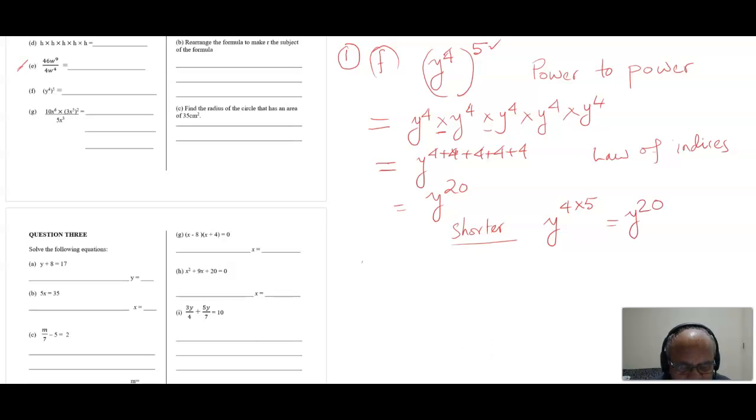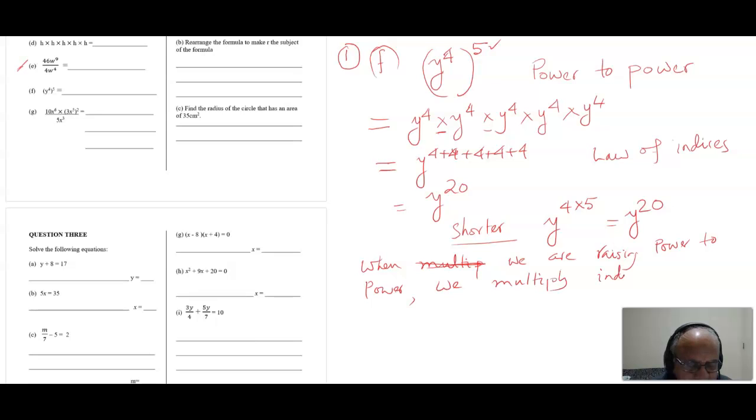So when we are raising power to power, we multiply indices.